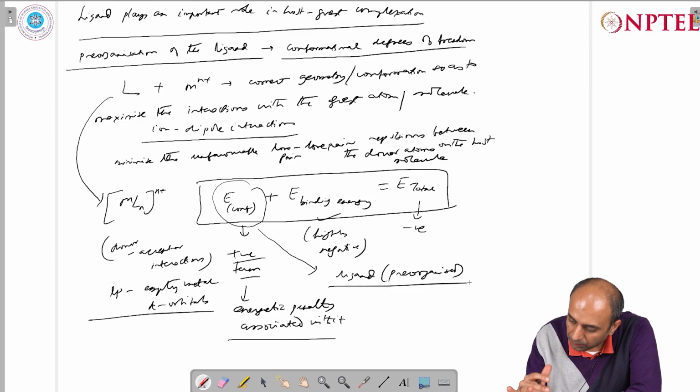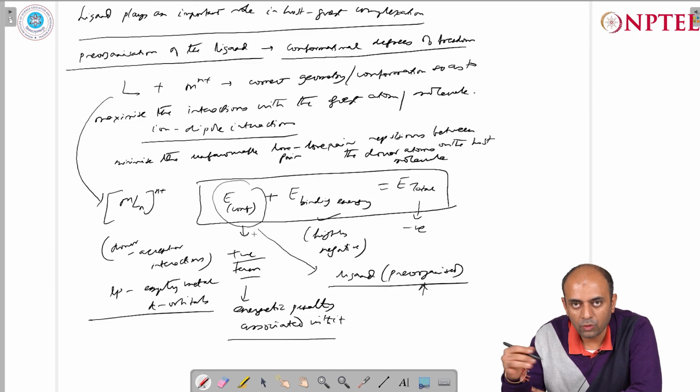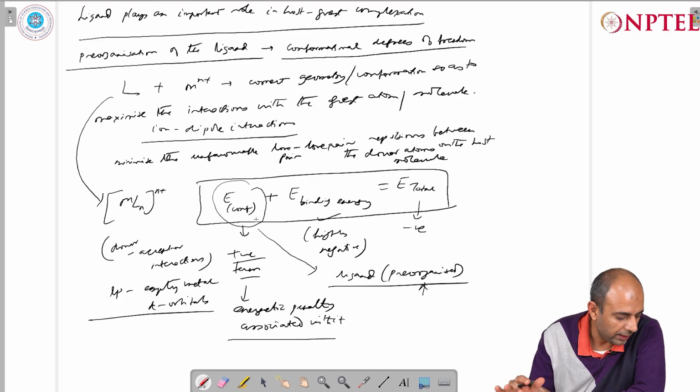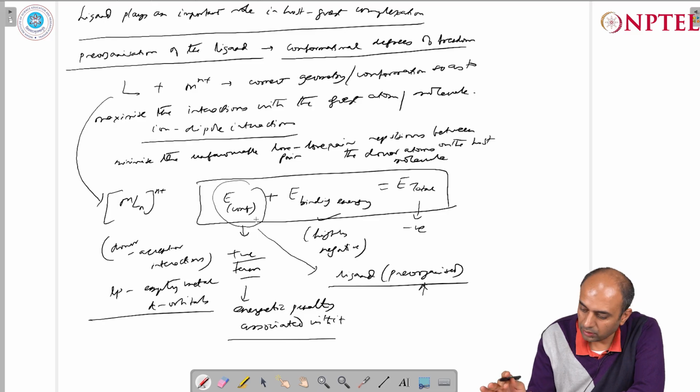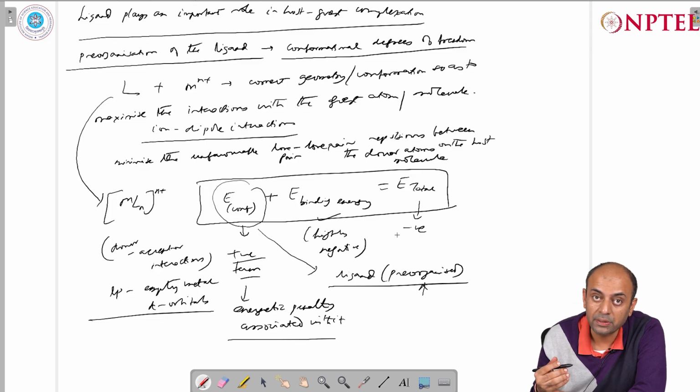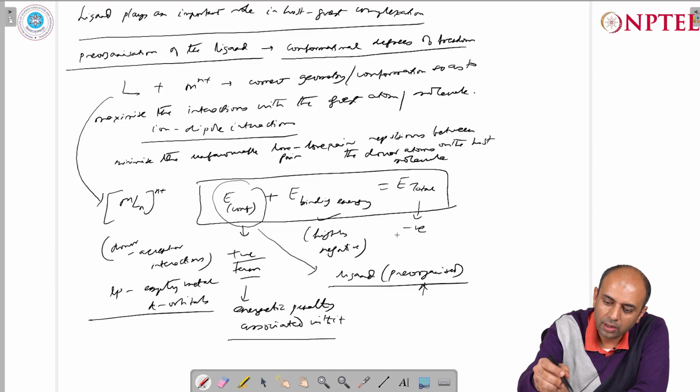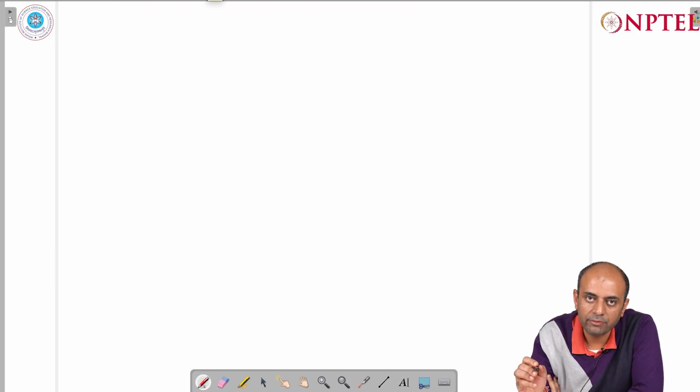In other words, during the synthesis of the ligand into a pre-organized geometry, this energy penalty would have been paid. That means, when you do the host guest binding, this unfavorable energetic contribution will not play any role. So, if the host is pre-organized, then the overall E total, or the stabilizing energy for the process, is highly negative. This is what has been explored largely in supramolecular chemistry, that is, how the degree of pre-organization of the host plays a very important role.